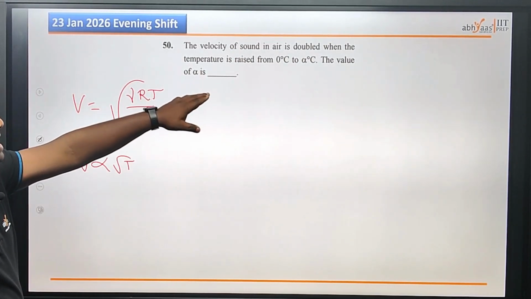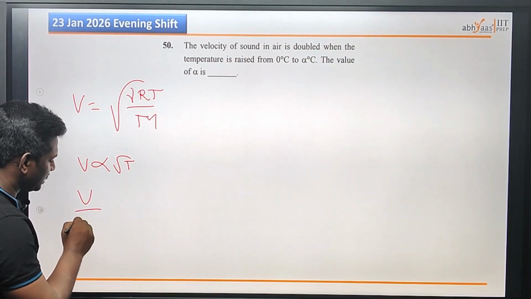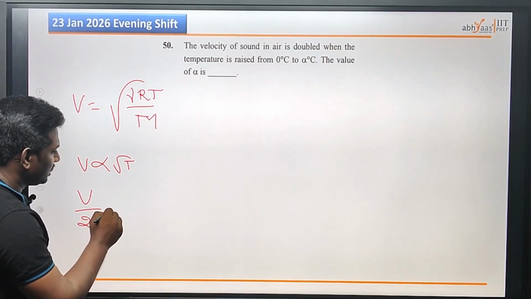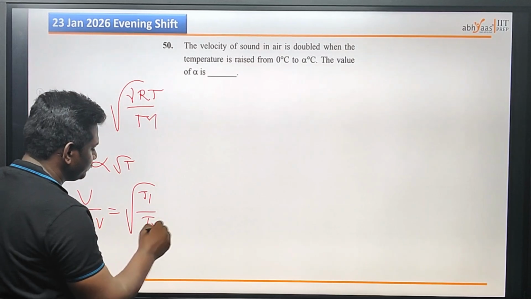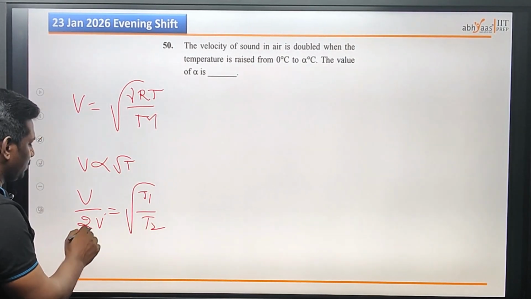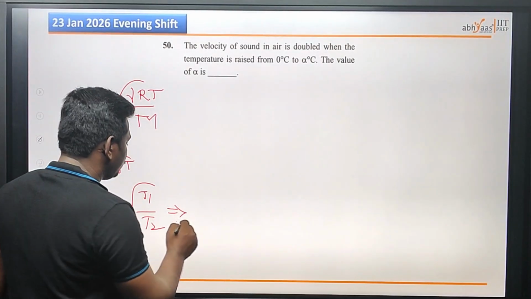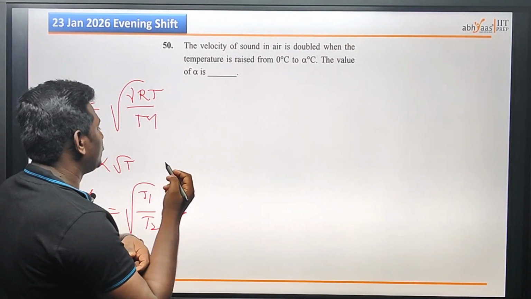When the velocity of sound in air is doubled, so velocity V can be written as 2V, that is nothing but root T1 by T2. Then what is the alpha value? So V, V gets cancelled. If you square it, what will happen?